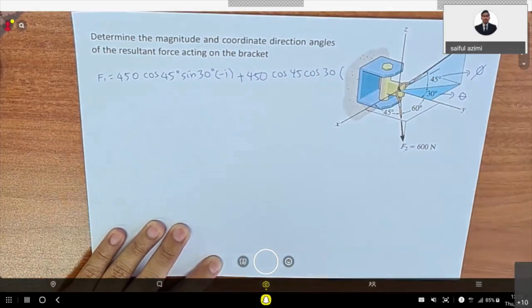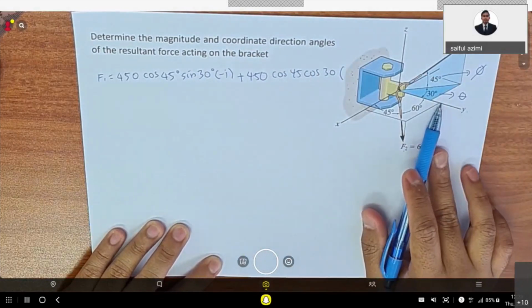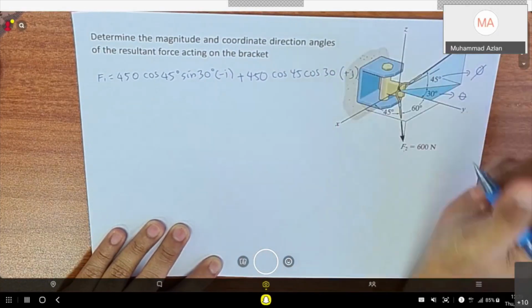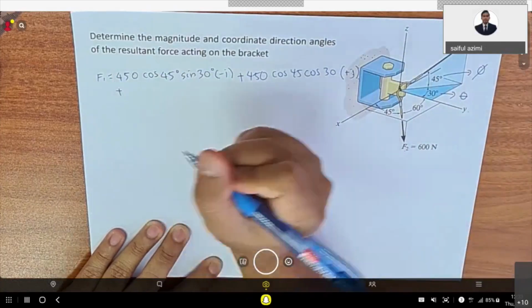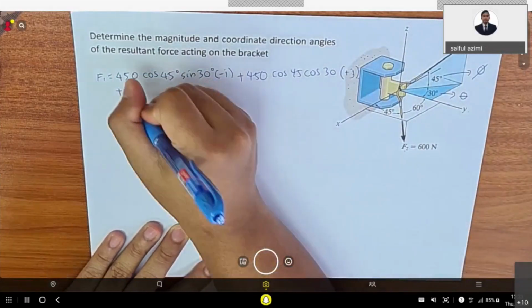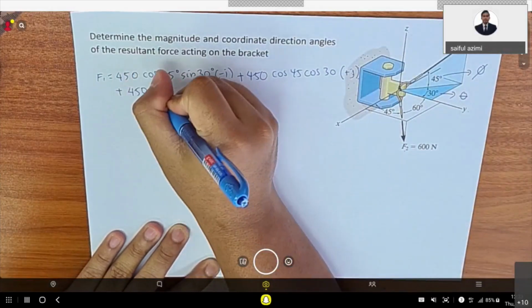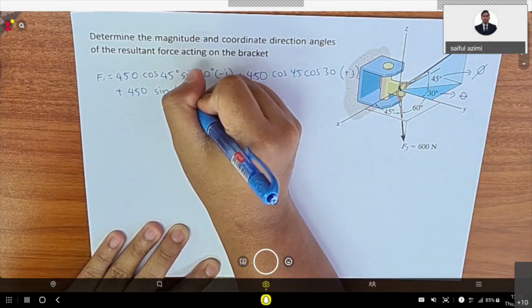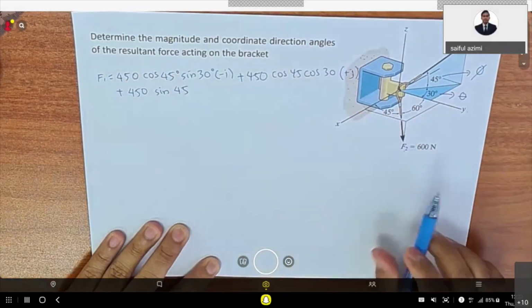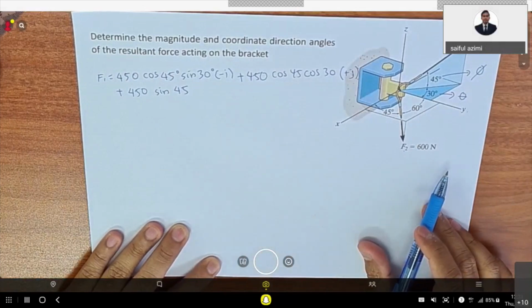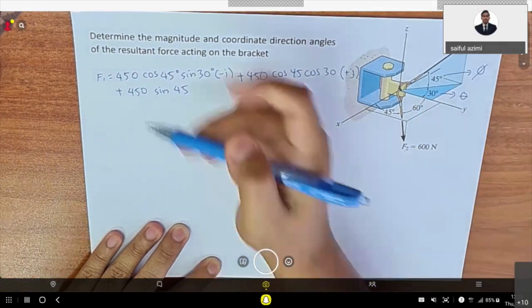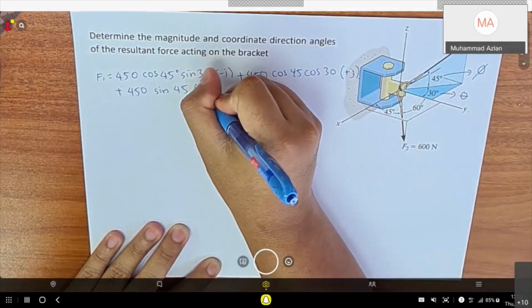Positive or negative? Positive. Yes. So positive J plus 450 sine 45. What is the direction of K? Positive as well, sir. Okay, so you have positive K.